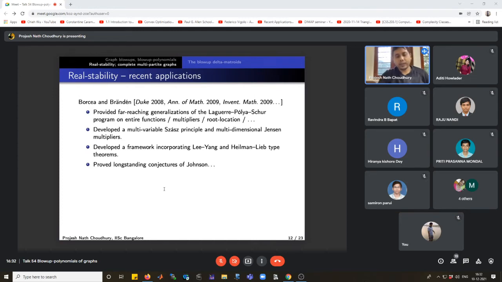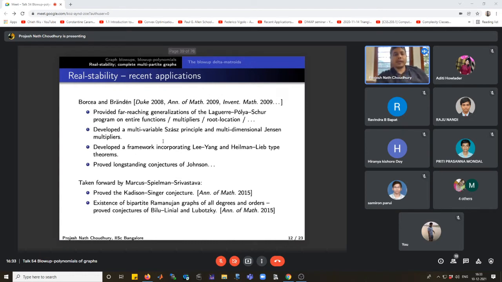The point is, real stable polynomials and their generalizations are the focus of tremendous recent research, and have made some spectacular advances in mathematics, primarily due to the work of Borcea and Brändén. They proved far-reaching generalizations of the Lee-Yang program, developed a multivariate Grace-Walsh-Szegő principle and Jensen inequality, a framework incorporating the Lieb-Sokal program, and proved three long-standing conjectures of Charlie Johnson.